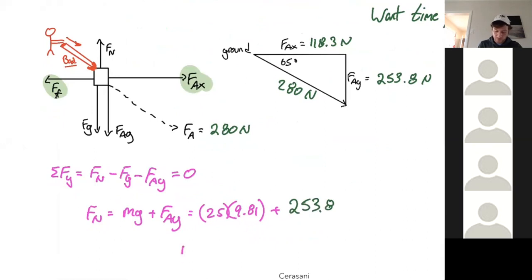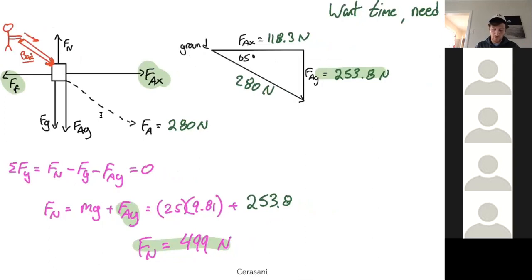Our new normal force is probably going to be a little bit higher. It's actually 499 newtons. It's increased a little bit because our applied force increased a little bit. So we've got a larger normal force.